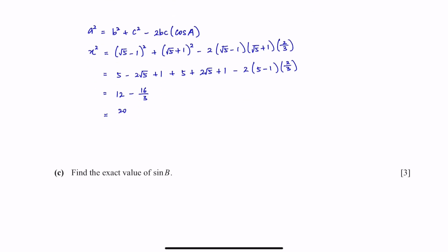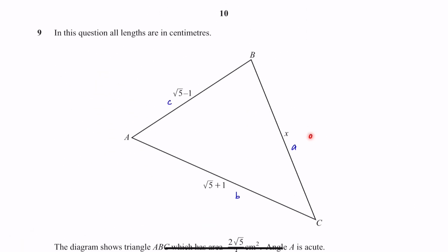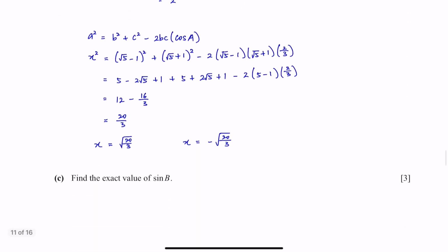So this would be 20 over 3, and x would be root 20 over 3, or negative root 20 over 3. But because x is actually the length of BC, and length cannot be a negative value, the negative is rejected. And root 20 over 3 would be 2 root 15 over 3.